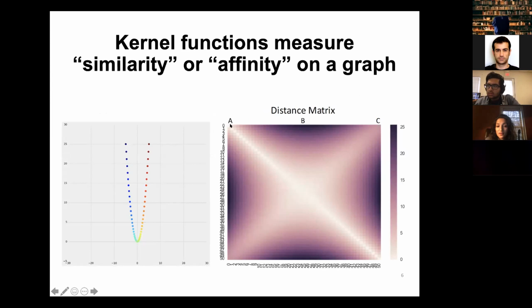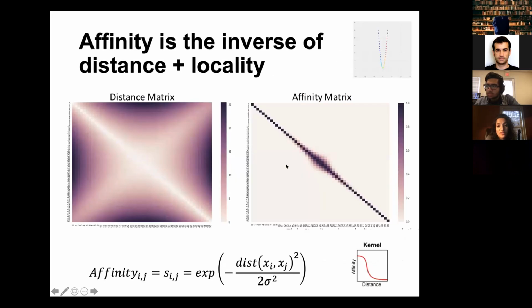Remember in manifold learning, for example, Euclidean distance is only really a valid distance in these coiled dimensions at the very local scale. So what we did was we took the distances and passed them through this kind of kernel that inverts the distance so that small distance becomes high affinity, and then it quickly drops off. So you get a matrix like this called an affinity matrix.